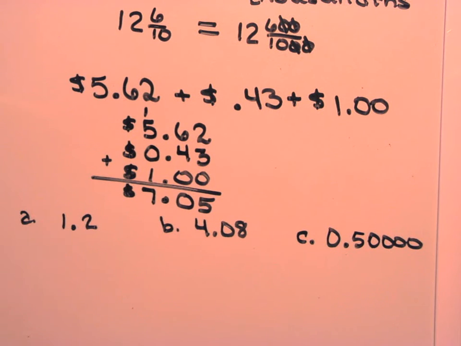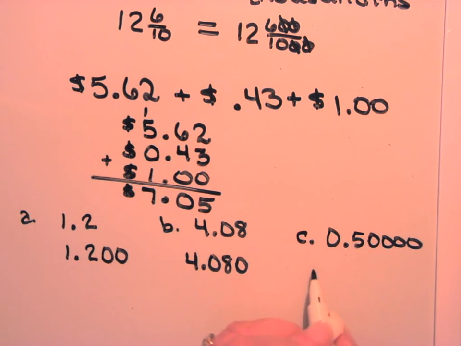That means that when we write it, we have 1, and there's 1, 2, 3 decimal places. Over here we'd have 4, 1, 2, 3 decimal places. And the last one, we would take some zeros off here.